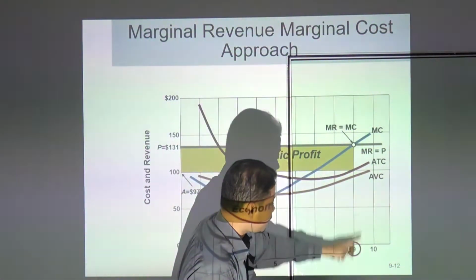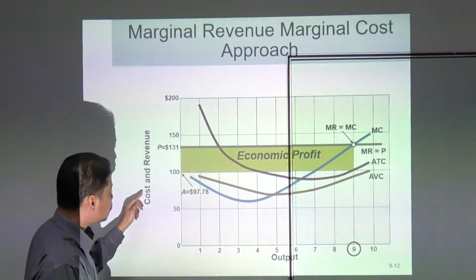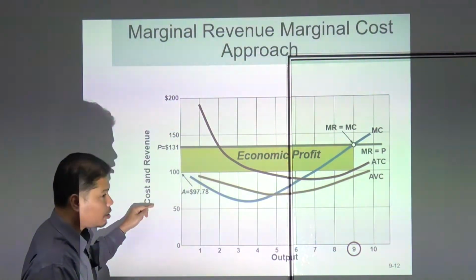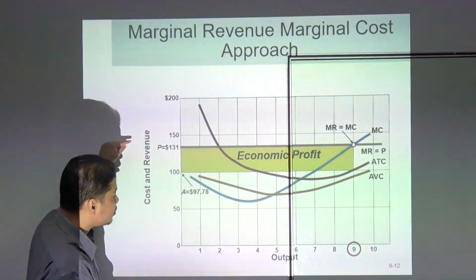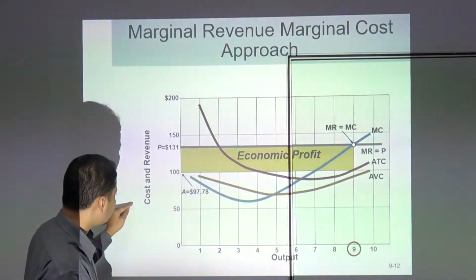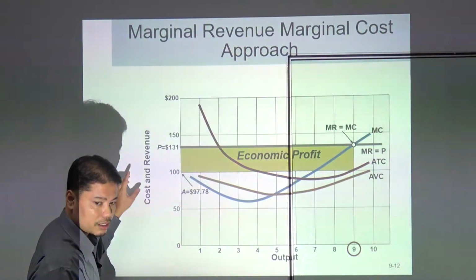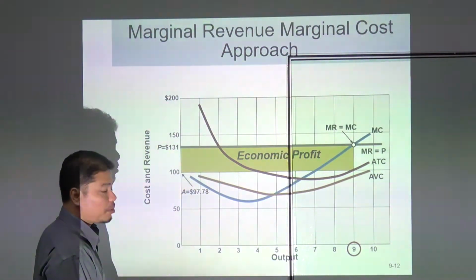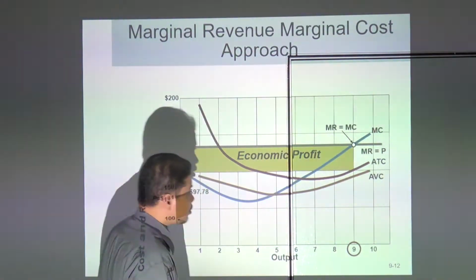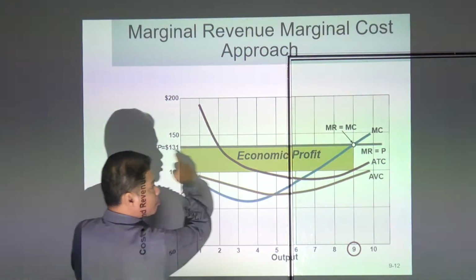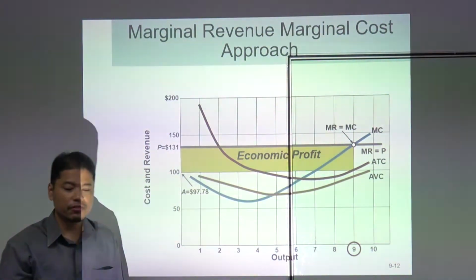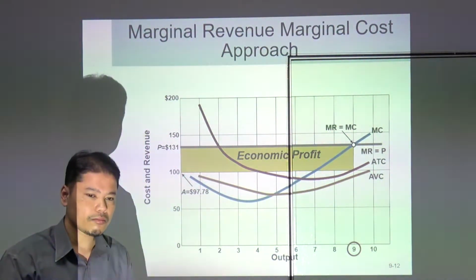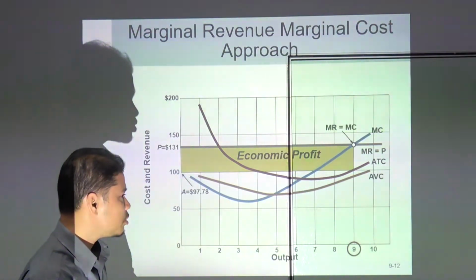The average total cost at 9 units is 97.78. So the profit per unit is 131 minus 97.78. That is profit per unit, but you are producing 9 units, right? So times 9. So the shaded box here represents the total profit to the firm.